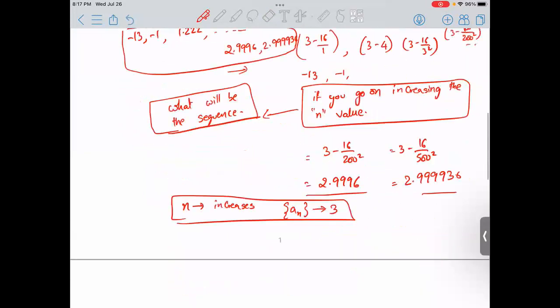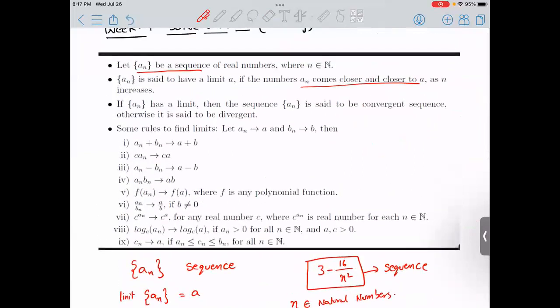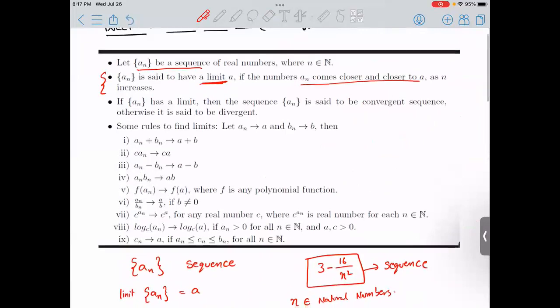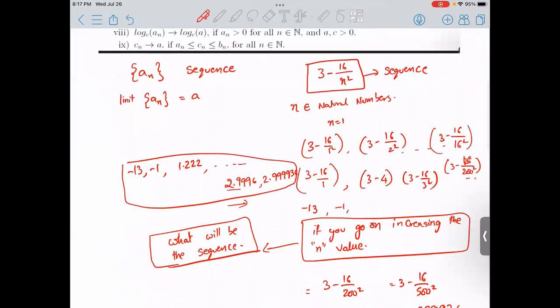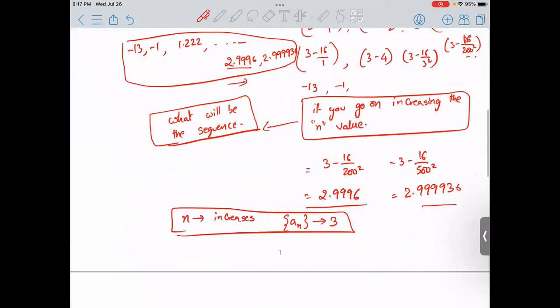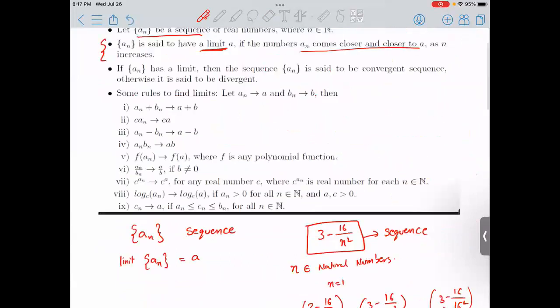Then we can say that, yes, this is what this second point explains: if a_n is said to have a limit A, a_n comes closer and closer to A. As n increases, we get closer and closer to A. 2.9996, and then closer to 3 with 2.999936, and then we will get something near to 3. Clear everyone? Yes, sir.